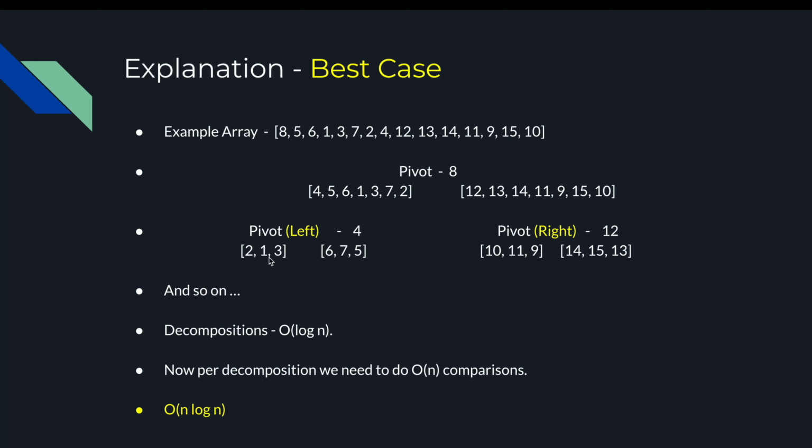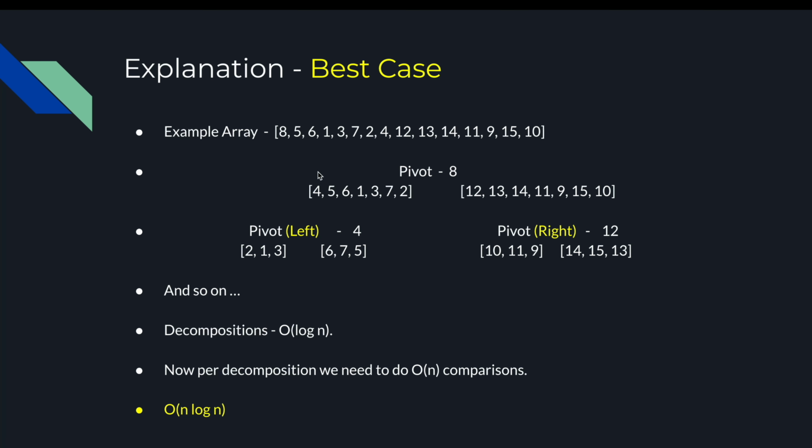And then again moving small elements to the left hand side and larger elements to the right hand side for both. Now we have to do this partition or decomposition for minimum 3 to 4 times in order to get our array sorted. So can we say that we are doing this partition or decomposition for log n number of times. So take a note here, we are doing decomposition for log n number of times.